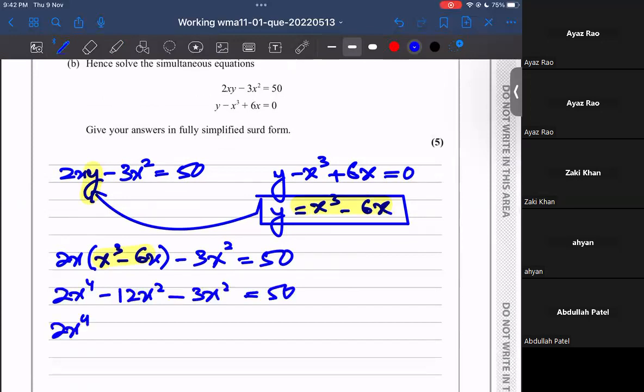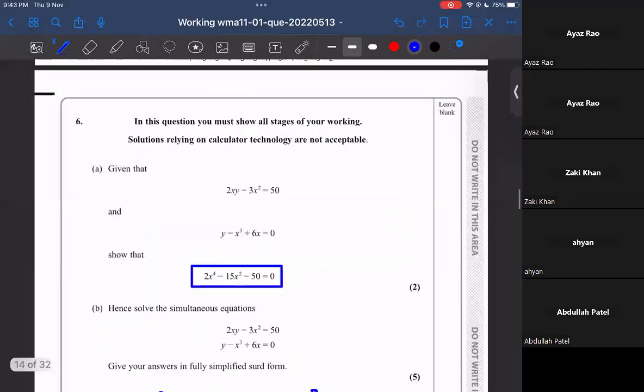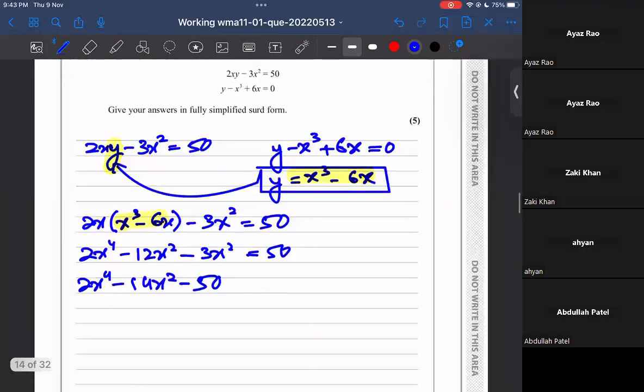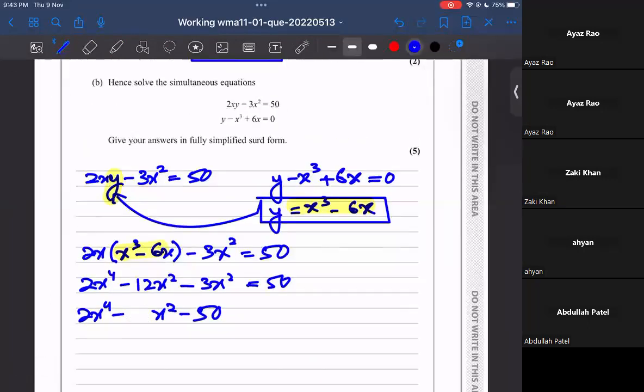This is basically called a biquadratic or quadratic equation. Minus 14x square minus 50 equal to 0. So do we have the same equation? Yes, this is the same equation. But no, this is not minus 14. This is going to be minus 15x square. Minus 12x square minus 3x square is minus 15x square. So we have got the same equation here now. So this is equal to 0.